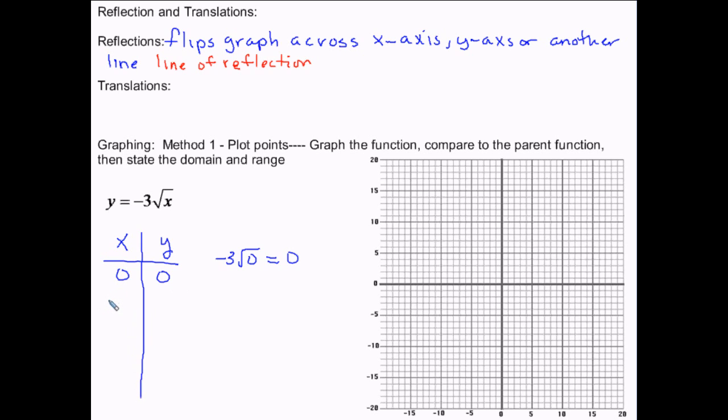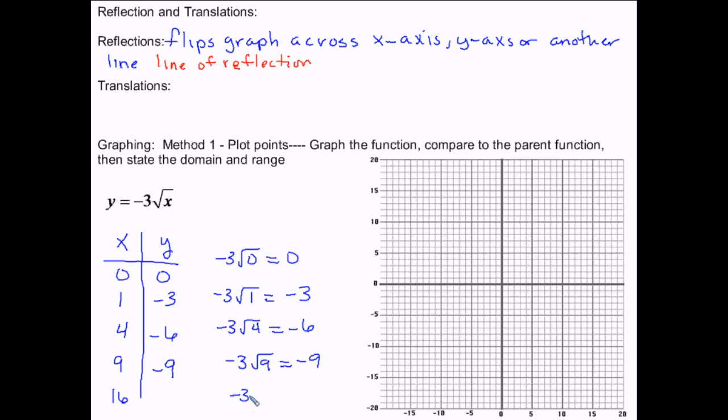If I plug in 1, I have negative 3 times the square root of 1, that's negative 3. If I plug in 4, I get negative 6. If I plug in 9, I get negative 9. And if I plug in 16, I get negative 12.